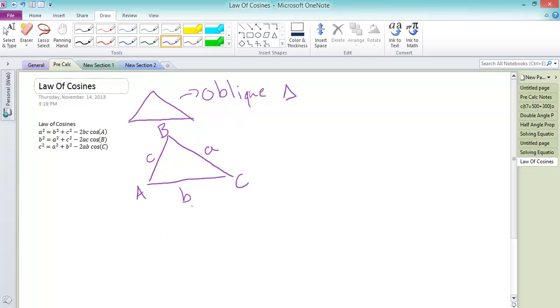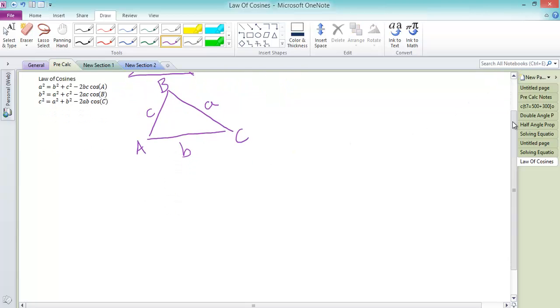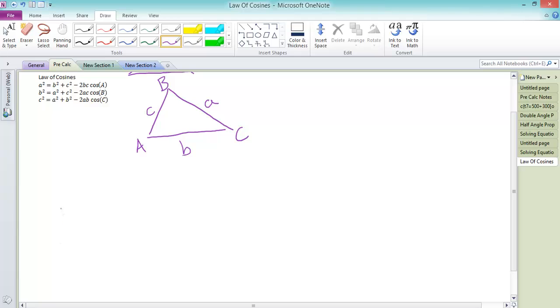So my first example is just going to be a simple case in which I have one side. Let's draw my triangle. I have an angle, call it angle A, is equal to 70 degrees. Side B is 8.